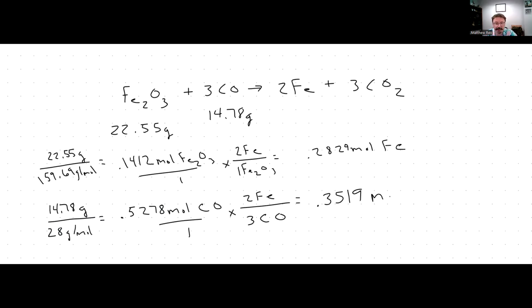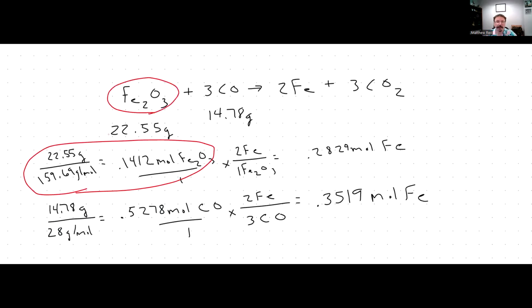So what produces the least amount of product? The iron 3 oxide right there. It'll get used up first. The maximum amount of iron we can make is 0.2824 moles of iron. So that's our limiting reactant. Once it's used up, the other can't make any further product.